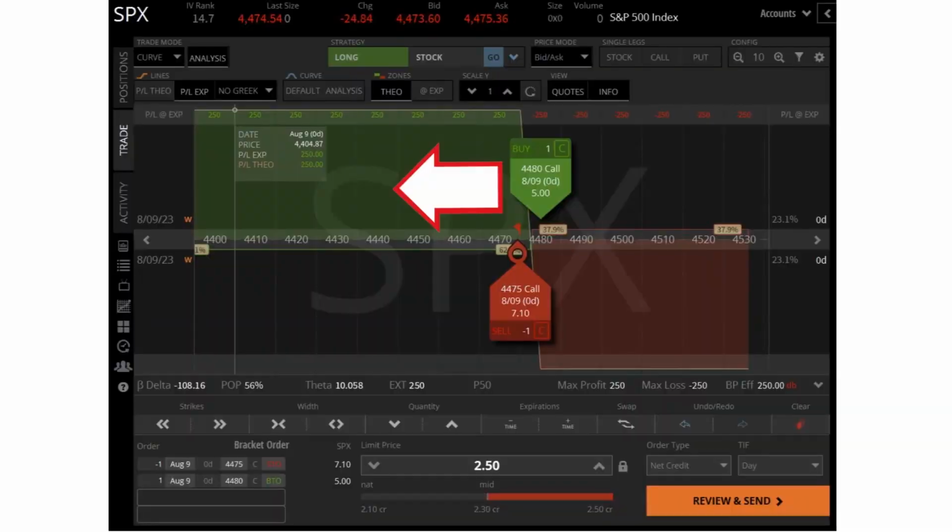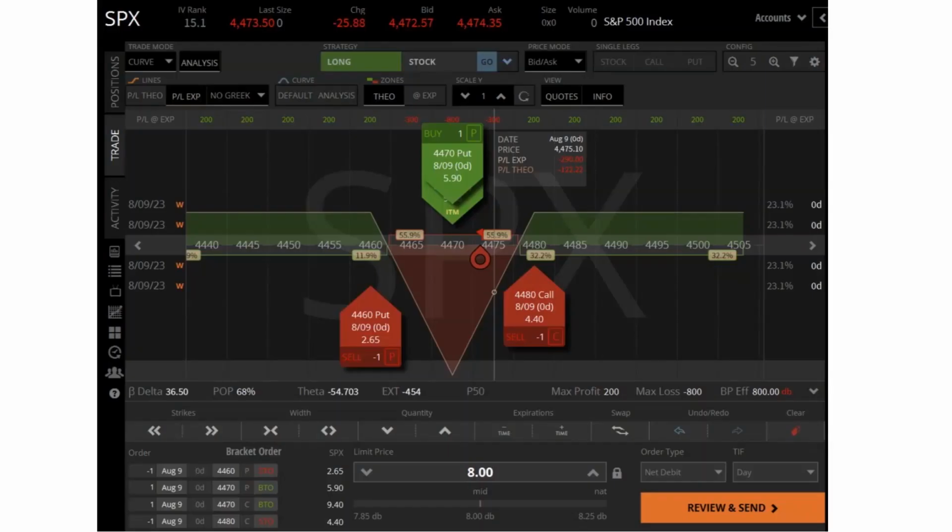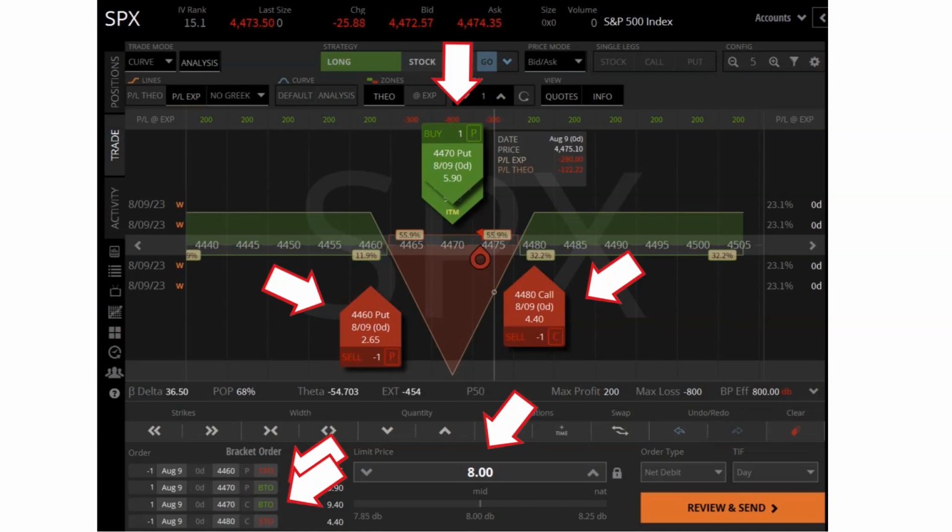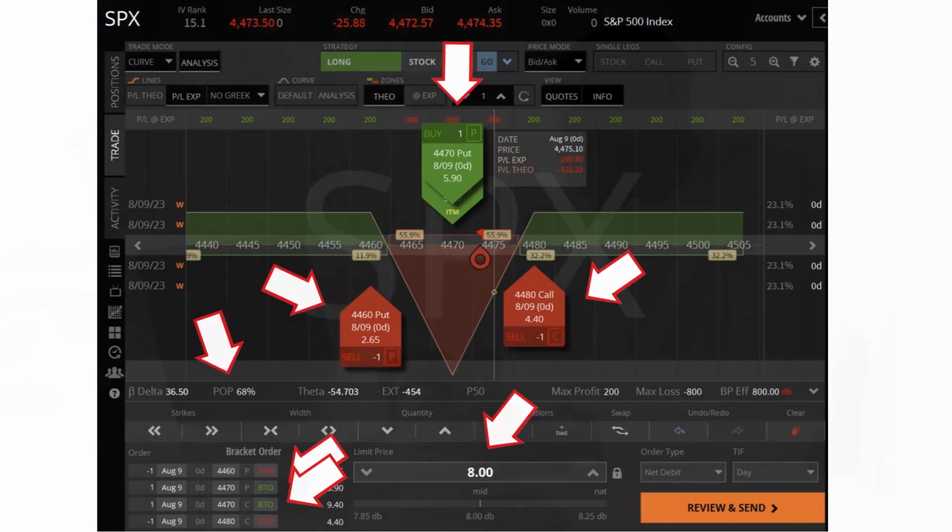Now, another strategy that is often used when trading Zero DTE SPX is to buy or sell the at-the-money Zero DTE SPX iron butterflies. In this example, we buy the 4470 put and call strikes and sell the wings $10 away. We pay $800 for placing this trade. There's a 68% chance that we win and are profitable, which is pretty good, right?